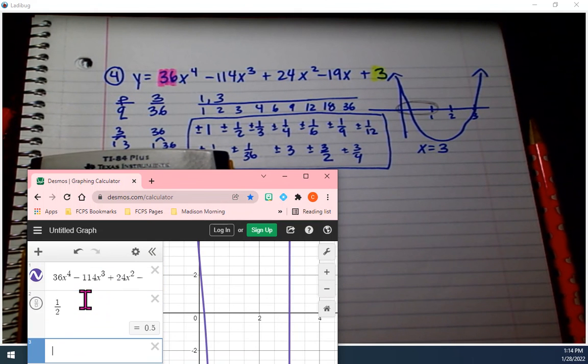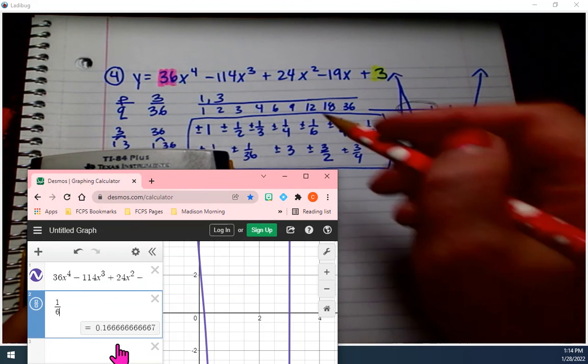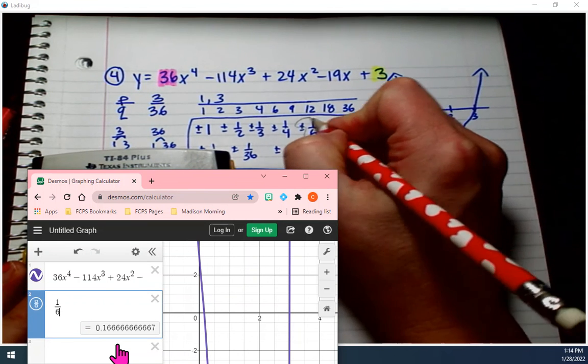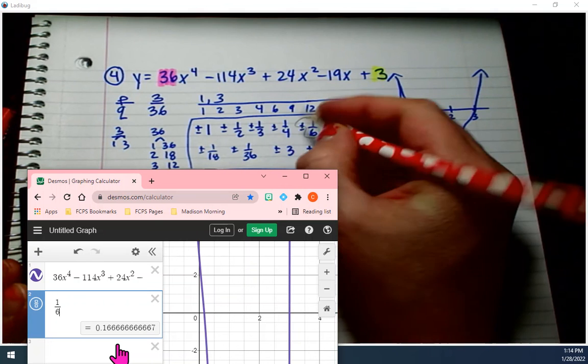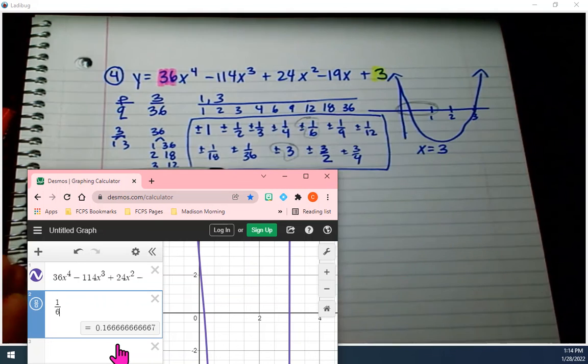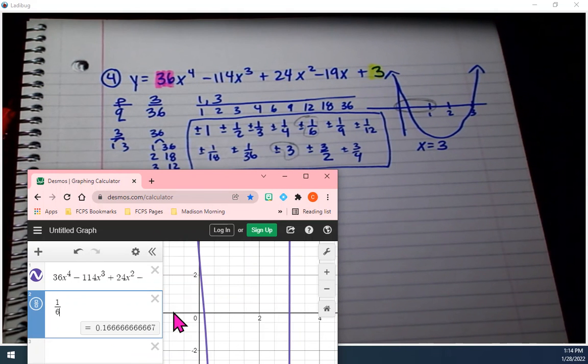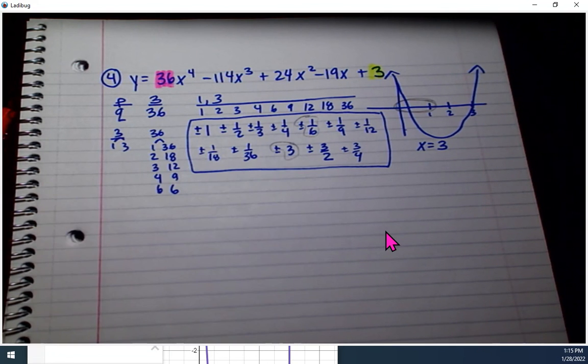Okay, 1/2, no. 1/3, nope. 1/4, nope. 1/6, yes. That means 1/6 is my number. So 1/6 and 3, those are my two numbers. Right, guys, you have Desmos, you have some arithmetic. Narrow your choices down by using both of it.